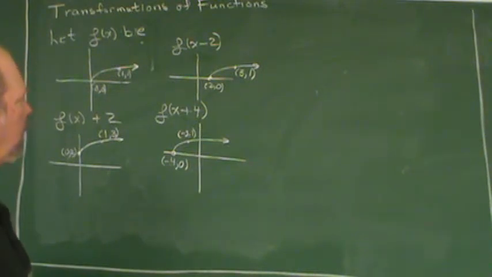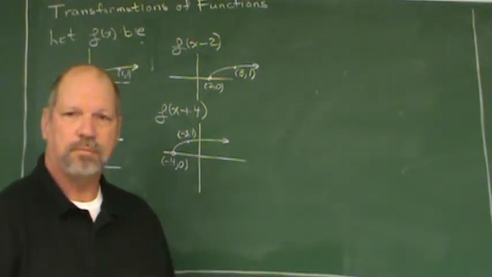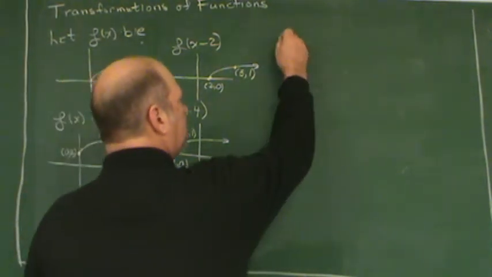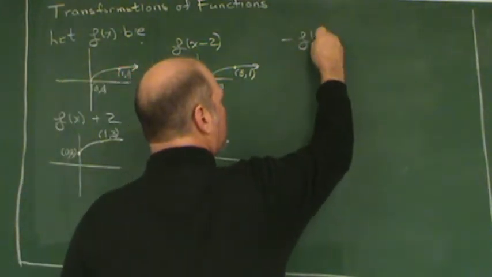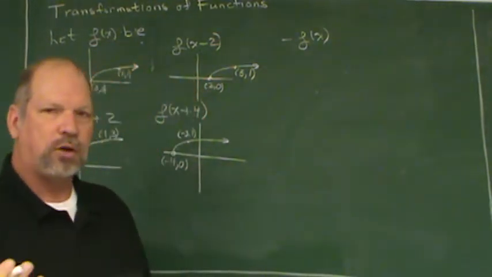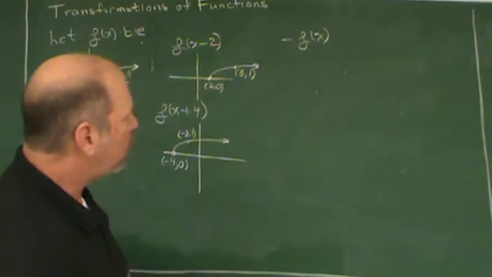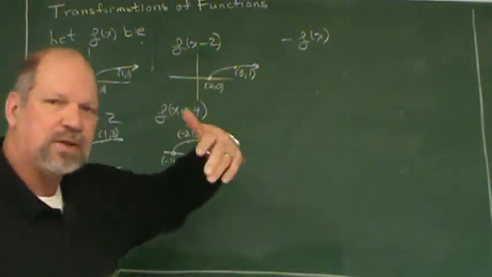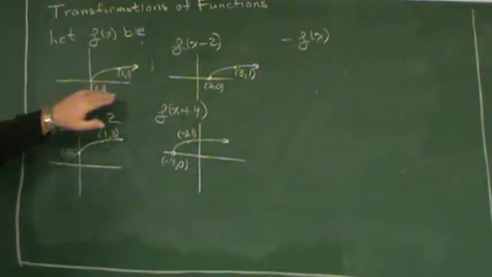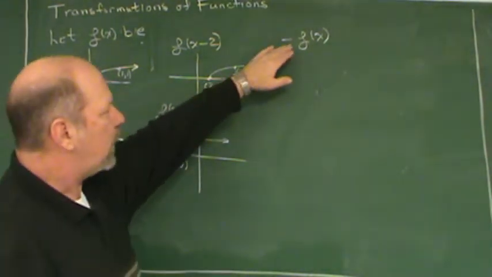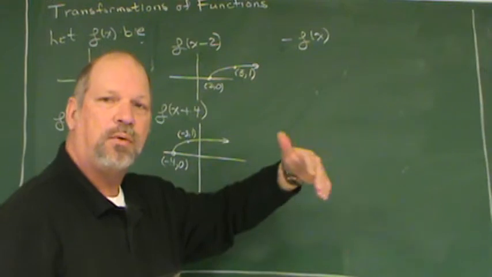Okay, now let's talk about some reflections. If you think about negative times f of x, well, is that affecting your domain or your range? In this case, it's affecting your range. Like here, this is affecting domain. It's inside the parentheses. Here, this is affecting the range. It's outside the parentheses. This negative sign is outside the parentheses, so it affects our range.